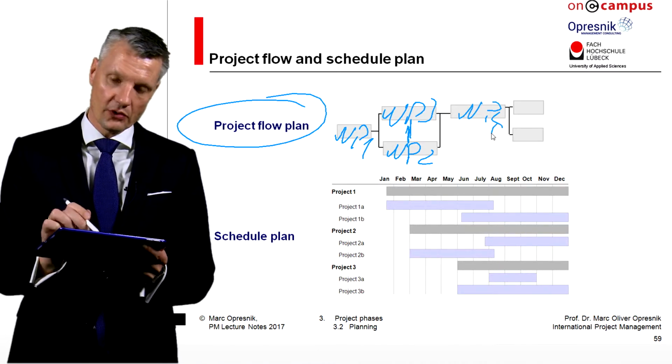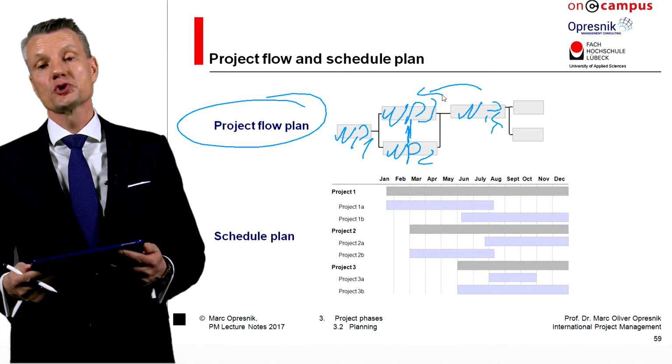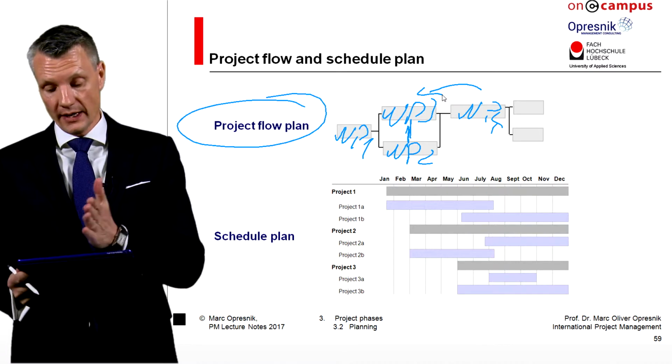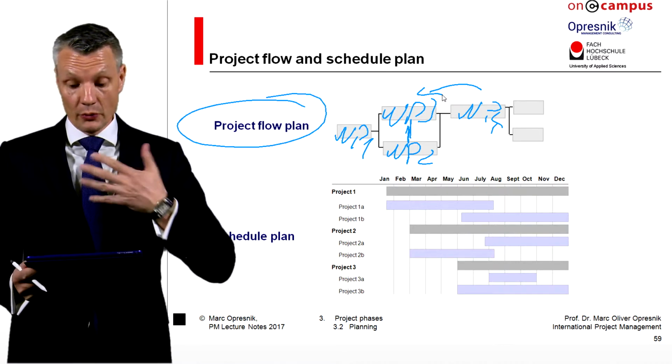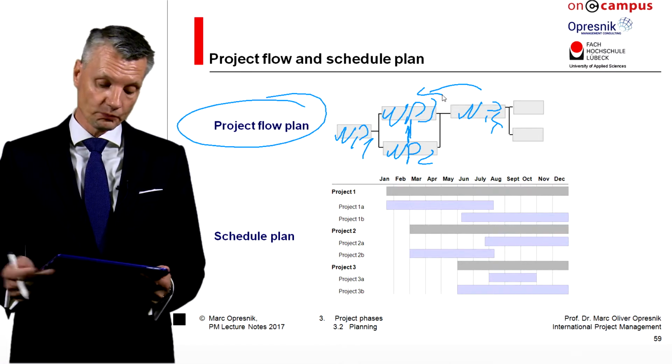So if you list here 4, this 4 is dependent on 3. So 3 and 2 have to be completed, and then only then working package 4 can be initiated.